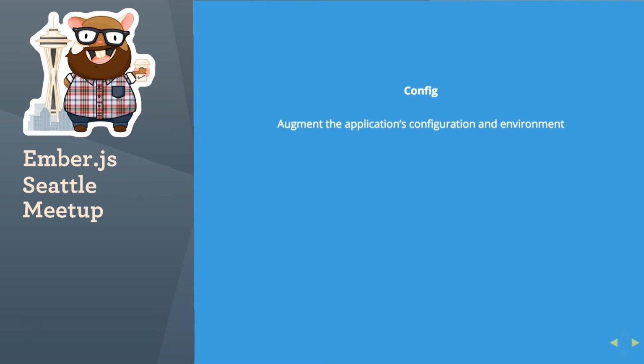So config, this is just a function that allows you to set up your configuration in your environment. It gets merged in with your Ember-Cli's config. Blueprints path. So if you have a blueprint that generates something, and maybe it's in a non-conventional place, you can make your add-on and everything aware of where the blueprint actually resides in the file system.